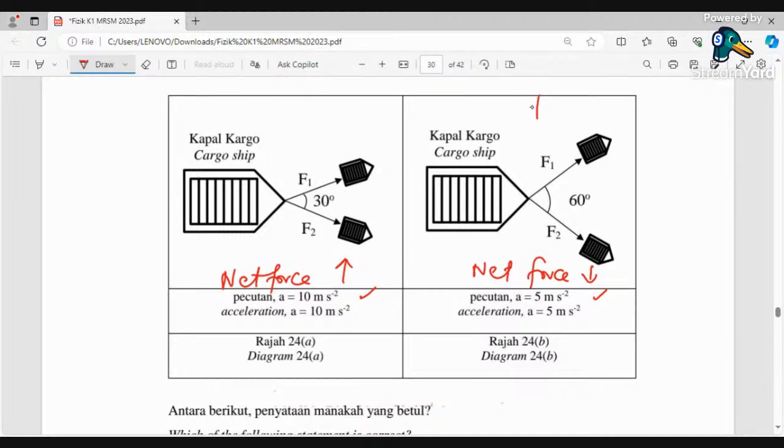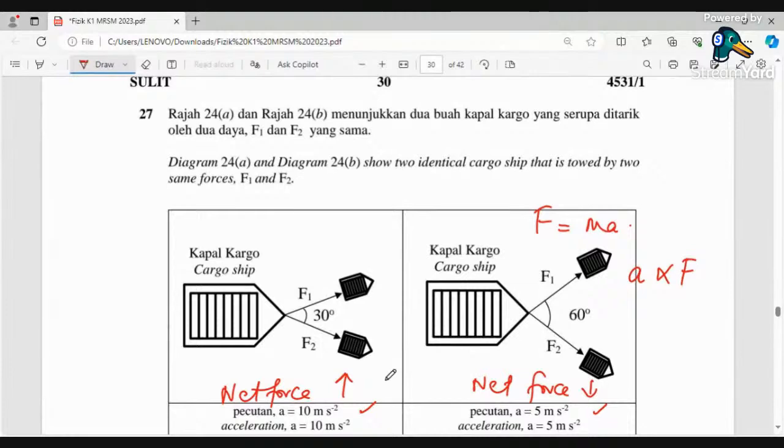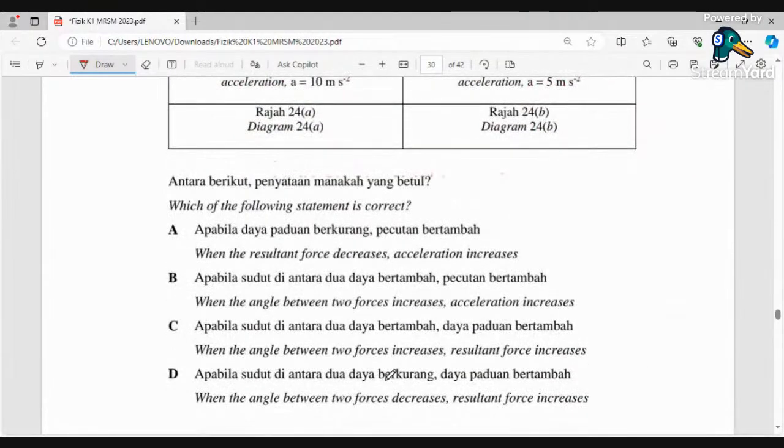Kita guna formula F equals ma. Same mass, same cargo ship, acceleration a directly proportional to the resultant force. Okay, resultant force of F1 and F2 lah. Pilih jawapan yang tepat.